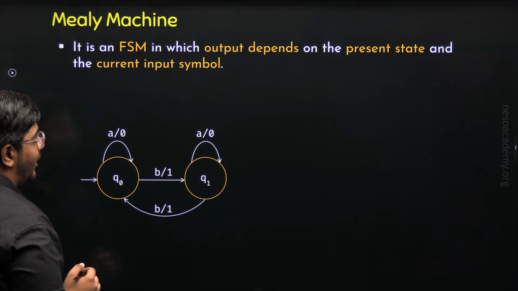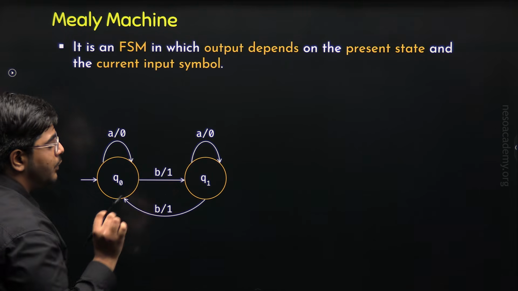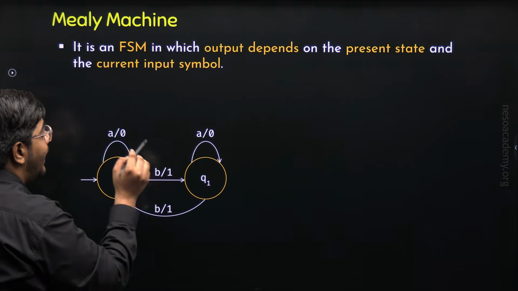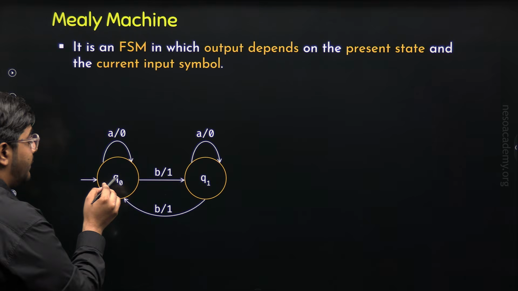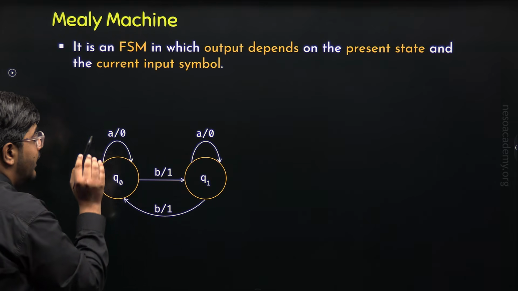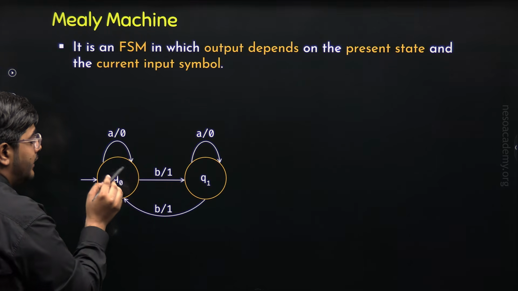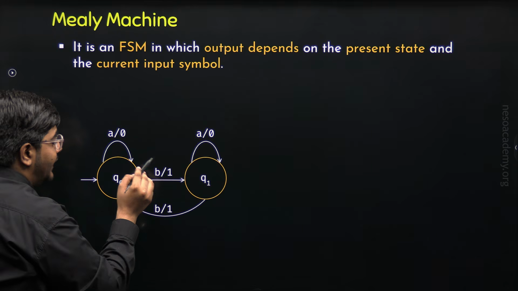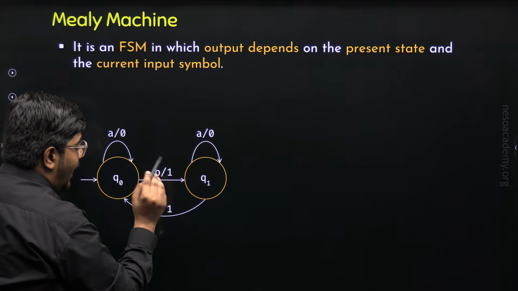Let's look at this diagram. 0 and 1 are the output symbols, while A and B are the input symbols. Now, the present state Q0 and the current input symbol A determine the output symbol 0. Similarly, the present state Q0 and the current input symbol B determine the output symbol 1.